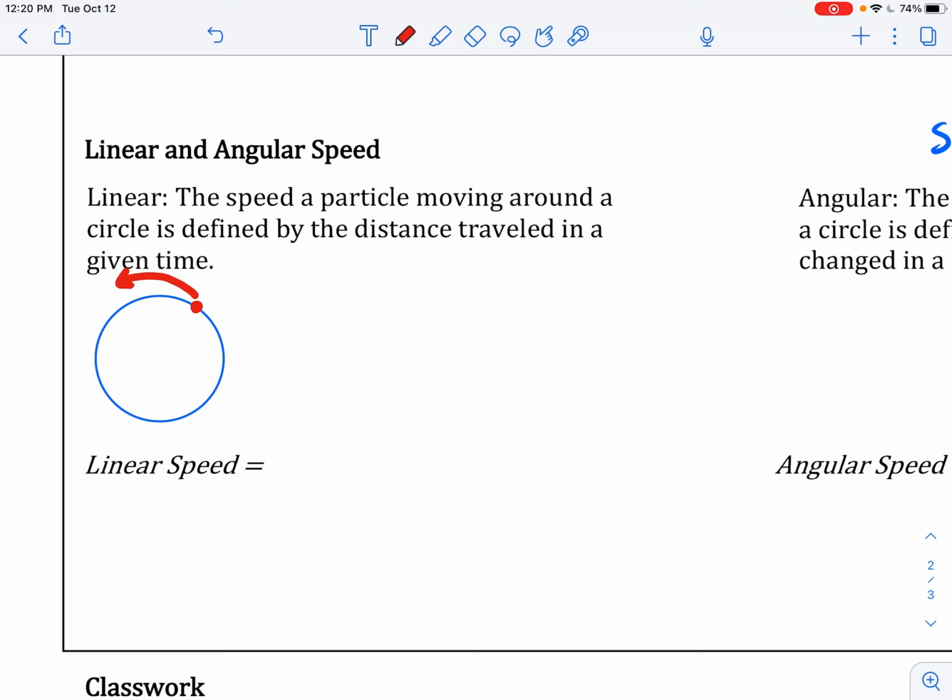Imagine you take a tire, and let's say it ran over a nail, and so now you've got this nail protruding out of this tire, and you would track the amount of distance that this nail has covered as this tire rotates or turns. You're really just keeping track of the amount of distance that that nail travels over time, that would be giving us linear speed.